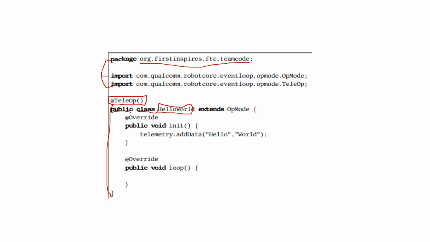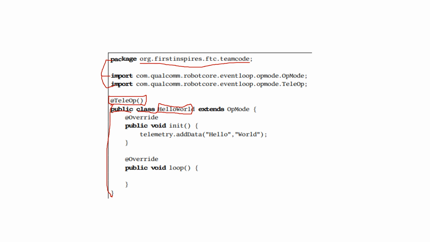Extends OpMode means that this class is a child of the OpMode class, and we'll talk about this later. @Override tells the compiler that we mean to override or replace functionality of our parent class. We'll talk more about this also.